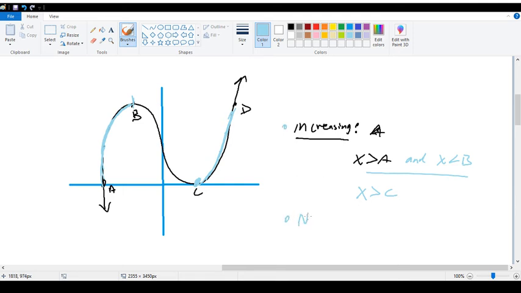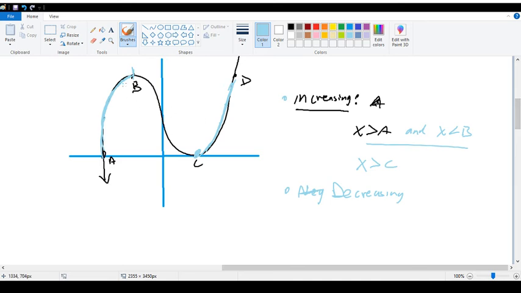When is it decreasing? Well, it's decreasing right in this area here, when x is more than b, but less than c.